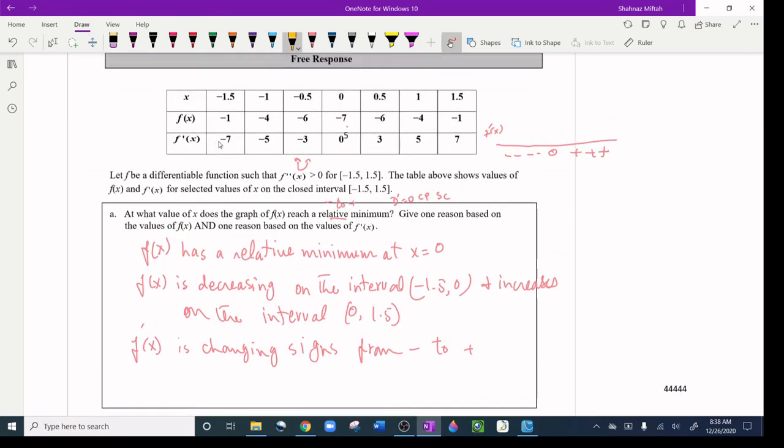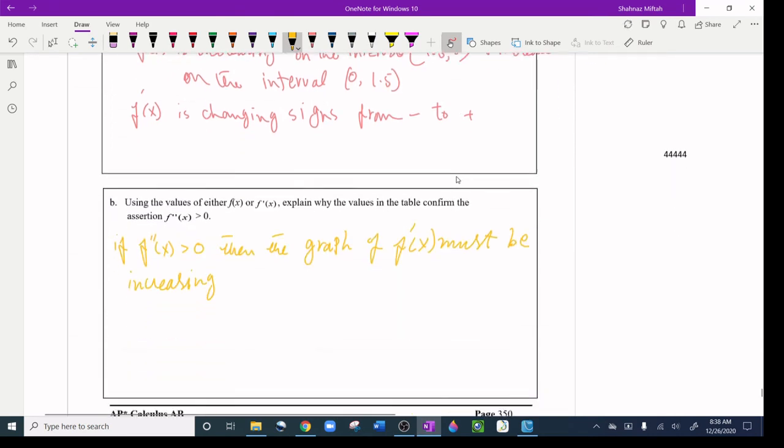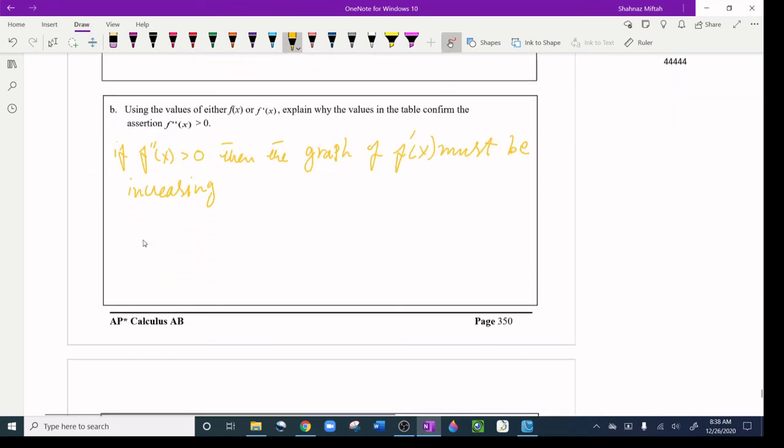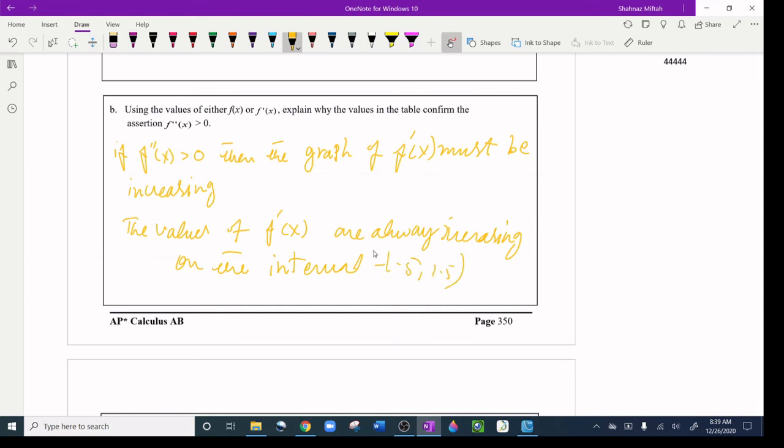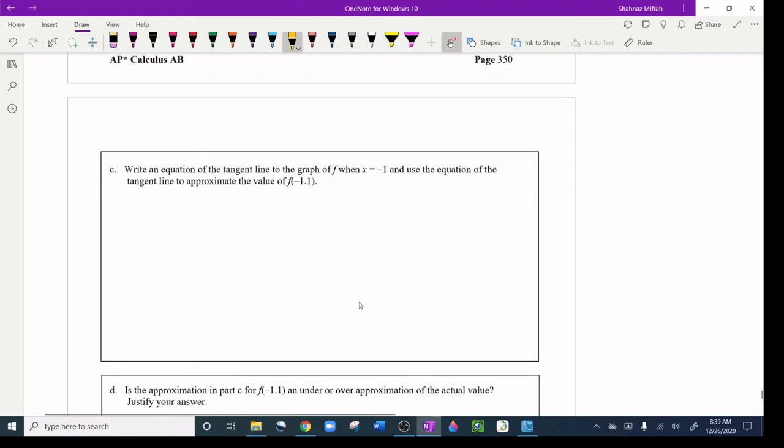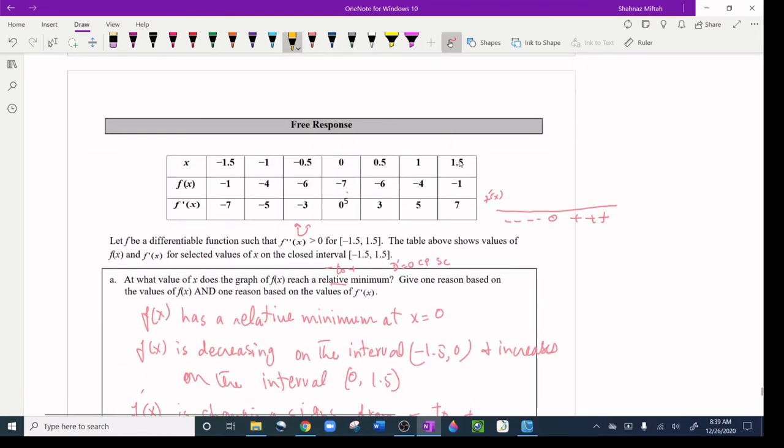Like you start with -7 and go all the way to +7, so it is increasing. So that's why f double prime is greater than 0. So the values of f prime x are always increasing on the interval -1.5 to 1.5, and you can tell from -1.5 to 1.5, all the f prime x is increasing.